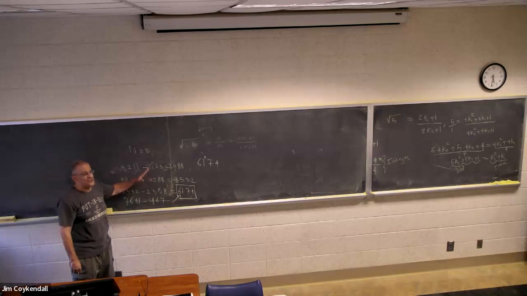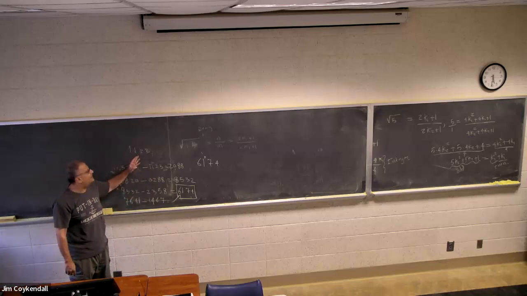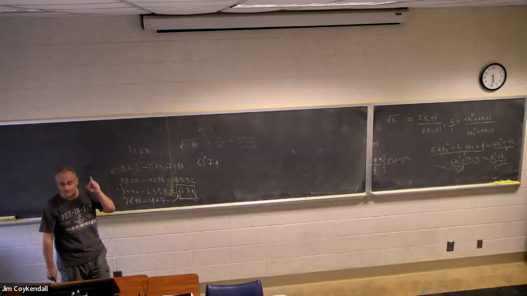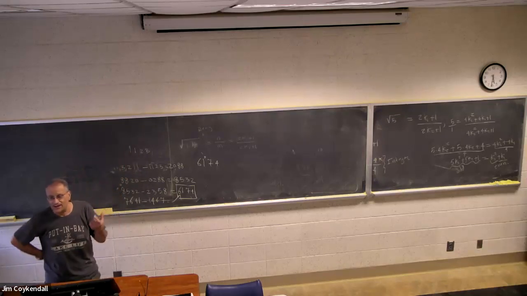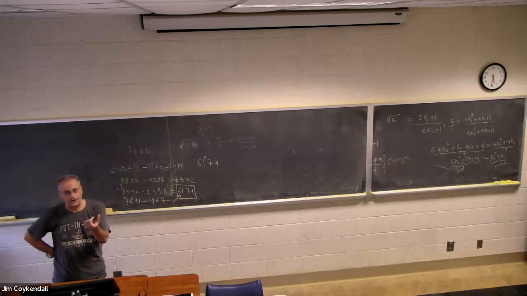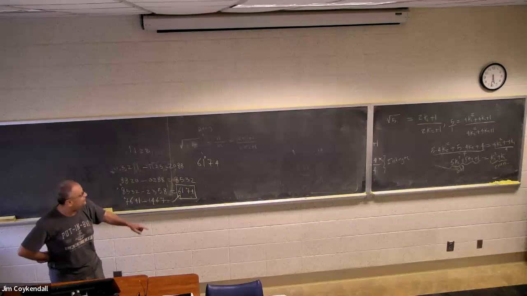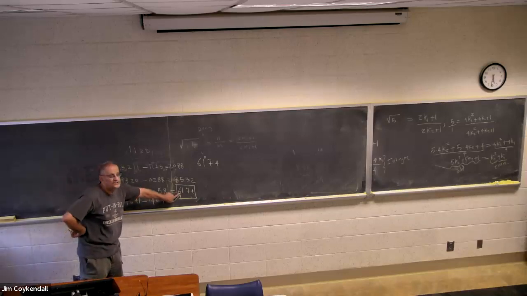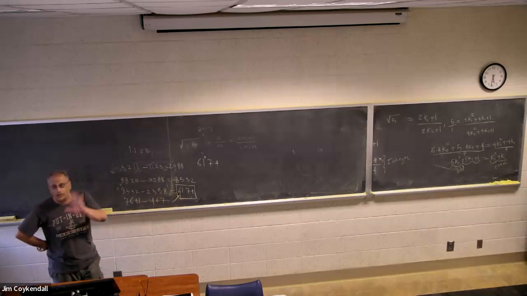So if you choose any 4-digit number with 3 distinct digits in it, and you write the number in ascending minus descending, and you keep doing that, at some point you're always going to reach 6174. Always.